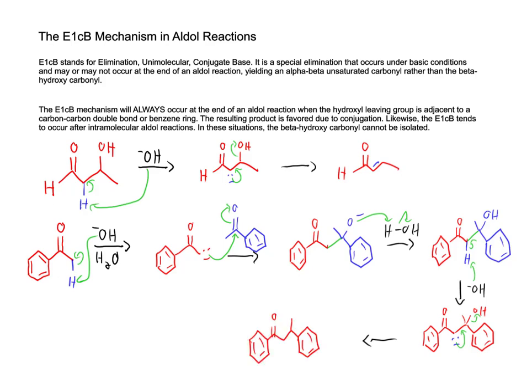And hopefully here you can see that we just formed a very conjugated final product that is conjugated not only with the other carbonyl, but with the benzene ring on the right. That's the driving force for the E1CB always happening, the extra stability as a result of that conjugation.